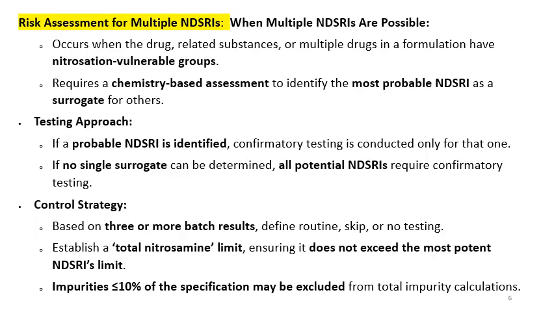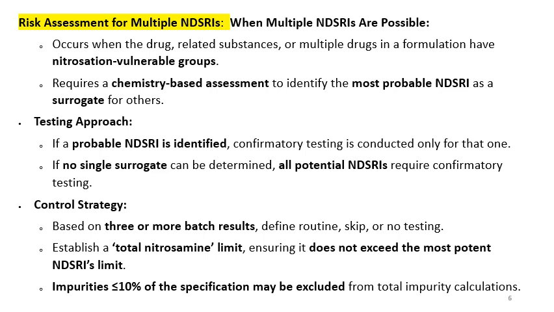How to deal with the risk assessment for multiple NDSRIs? Multiple NDSRIs are possible when drug related substances or multiple drugs in the formulation have nitrosation vulnerable groups. You might come across fixed dose combinations in which some of the APIs have amine groups.